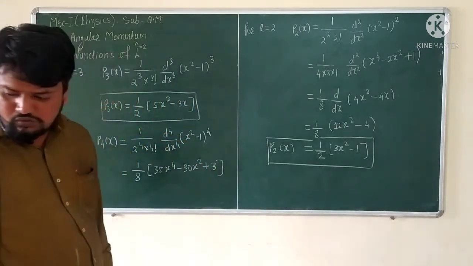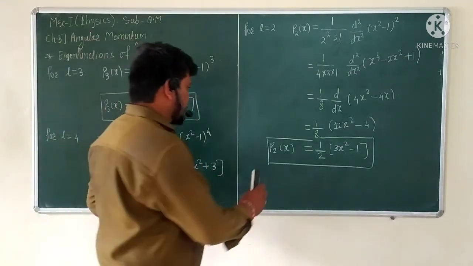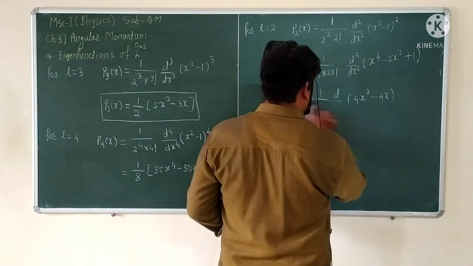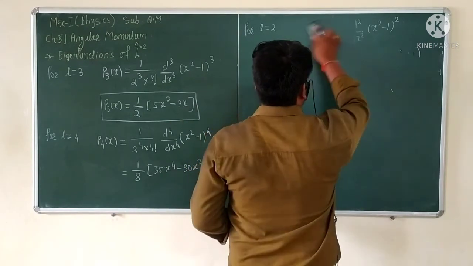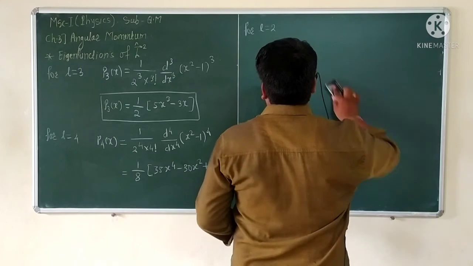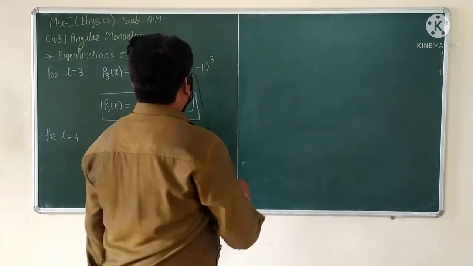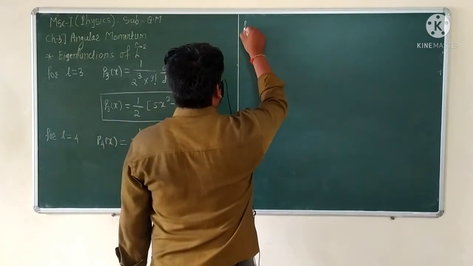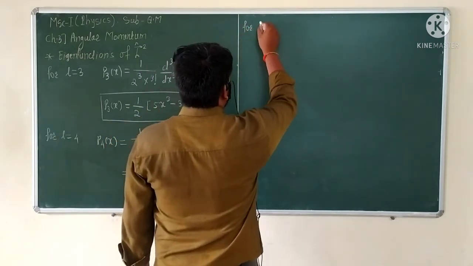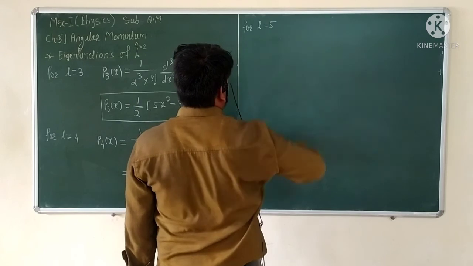For different values of L we can obtain a number of Legendre polynomials. The next value we take is L is equal to 5.